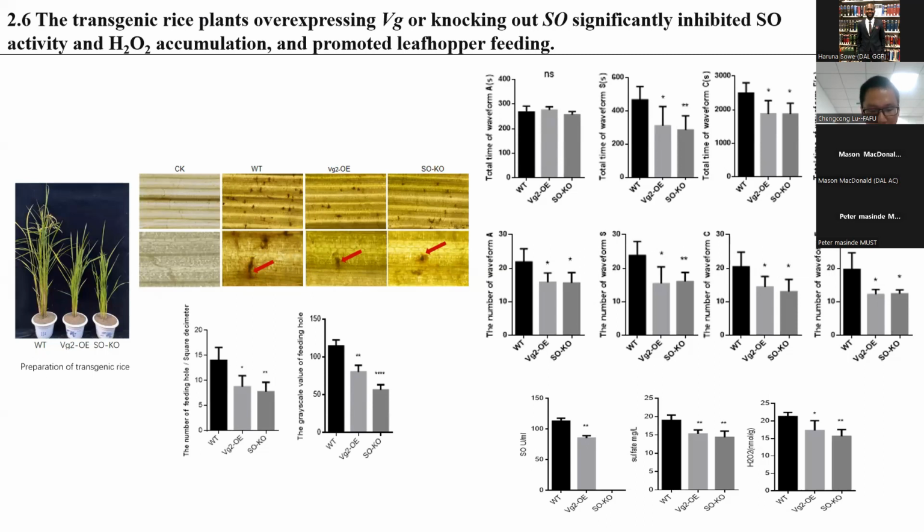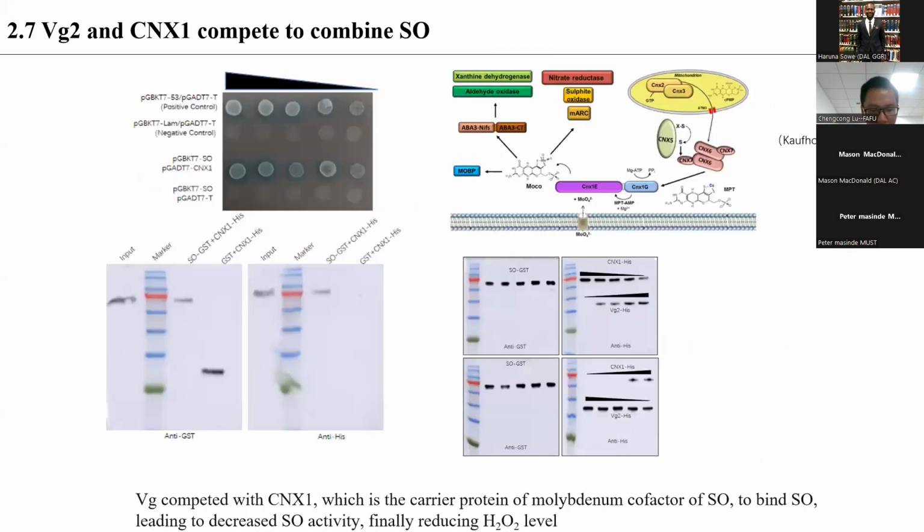As expected, hydrogen peroxide concentration is significantly reduced in the transgenic rice. As CNXE is the anchor protein of SO, we can find the specific interaction between SO and CNXE by Y2H.